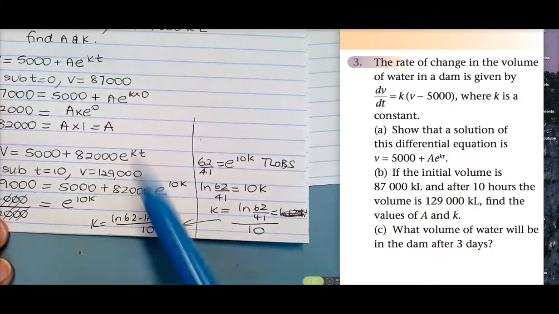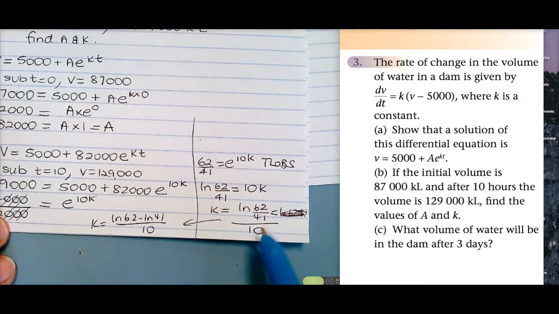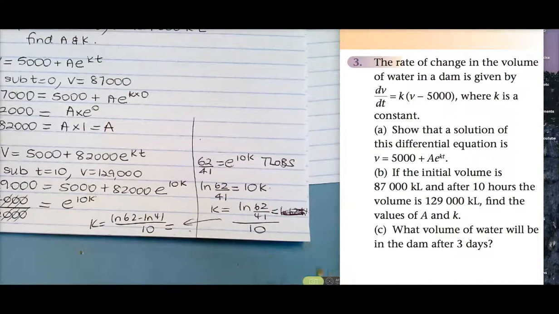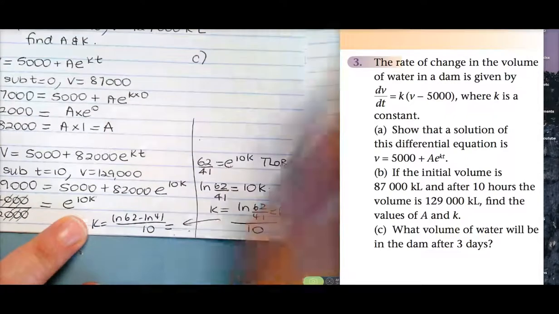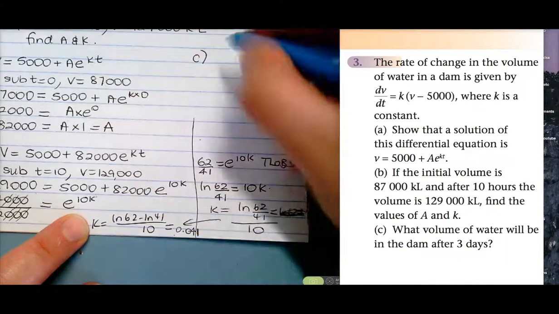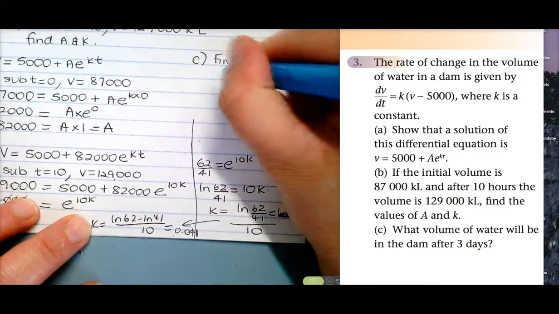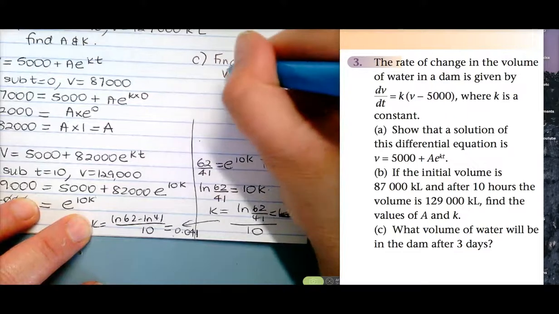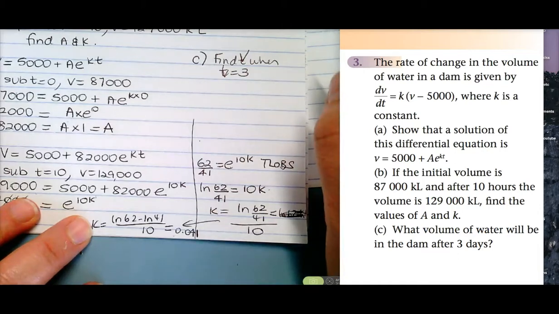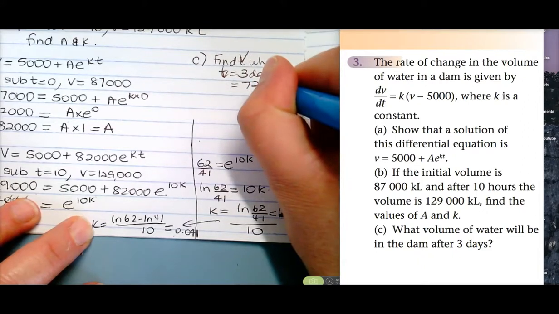What volume after 3 days? You go back to the original formula, and now that you know A and K, you substitute T is 3. So maybe work that out to a few decimal places. Anyone got that? 0.04. So find V when T is 3. 3 days is 72 hours.